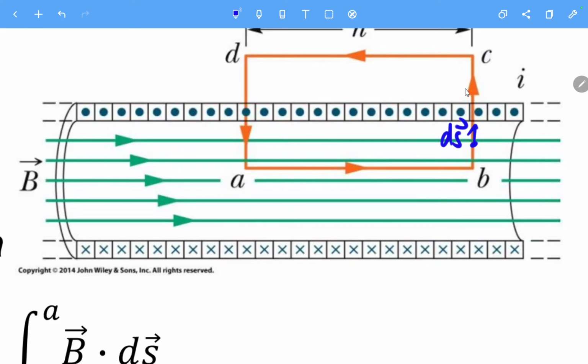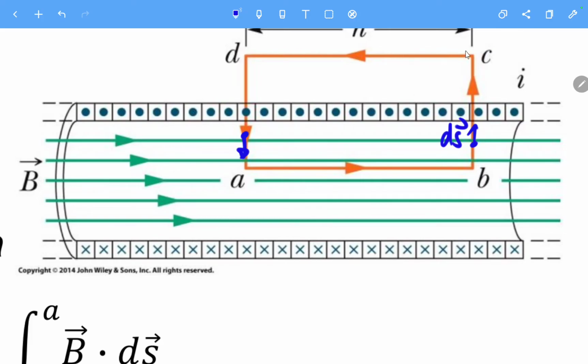And for the outside part, B is 0, so B dot ds is also 0, which means the integration of B dot ds over B to C is 0. Similarly for D to A, for the outside part B is 0, and here B and ds are perpendicular, so B dot ds is 0 as well. So these 2 parts are 0.